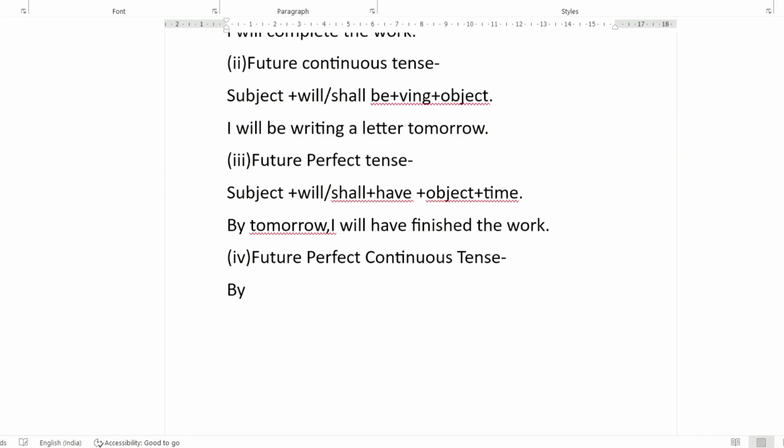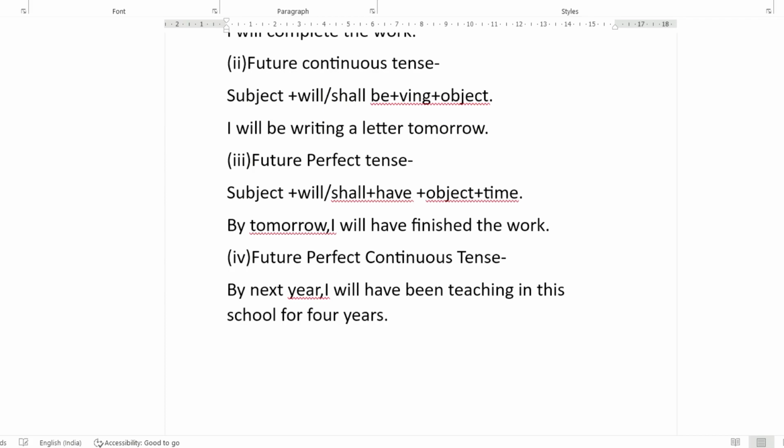So by next year I will have been teaching in this school for 4 years. So what do you understand? I started teaching long back, but this action is continuing now itself. In the future also it will continue for some time, and then it will complete a particular period of time.